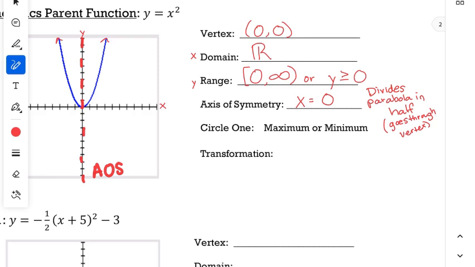Okay, circle one, maximum or a minimum. Does it have a maximum, which would be the highest point, or the minimum, which would be a lowest point? Minimum, yeah. Because it opens upward. So I'm going to put minimum, I'm going to put opens upward.